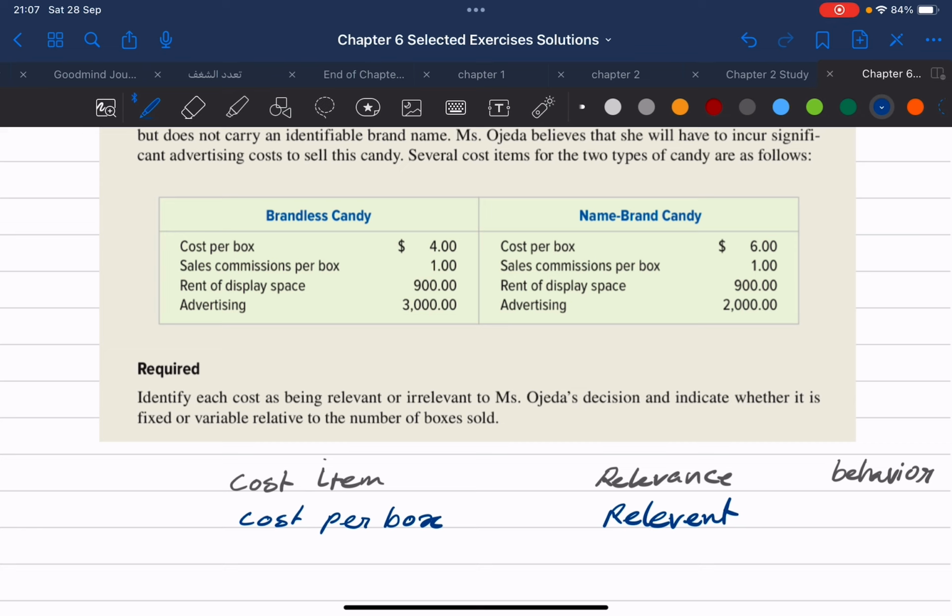However, a variable cost has a direct relationship to the number of units sold. So if she sells 10 boxes, she will only spend $40 on the cost per box item. But if she sells 100, that cost is going to jump to $400 and so on. So that means this is definitely a variable cost. Right, variable.